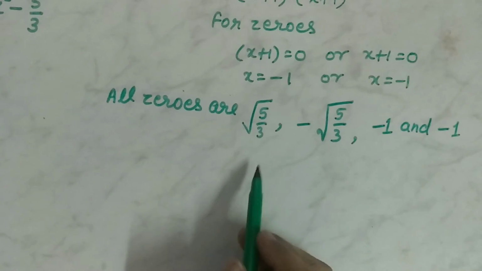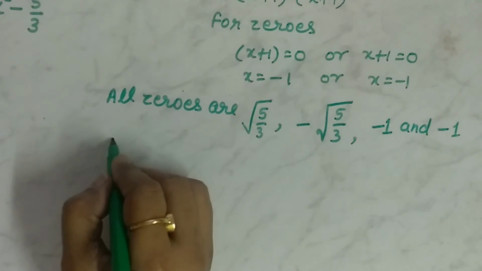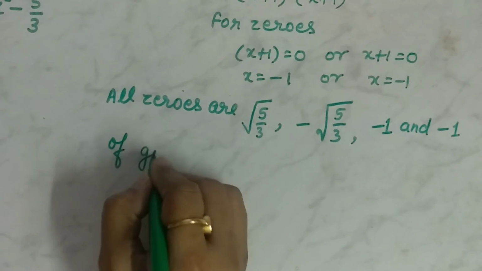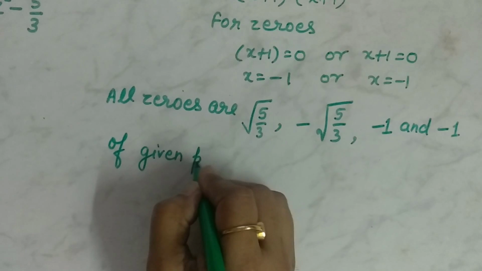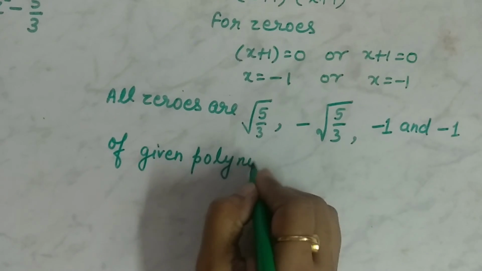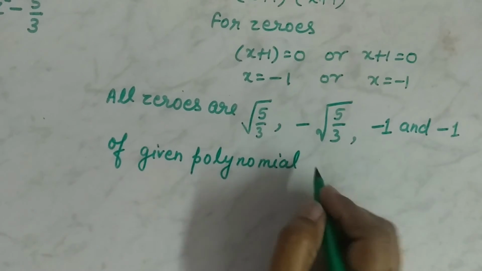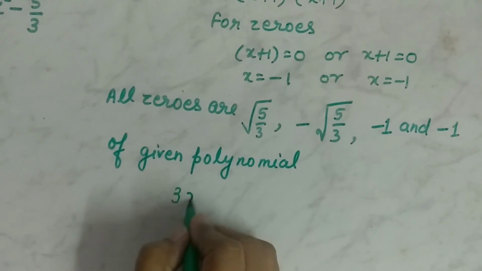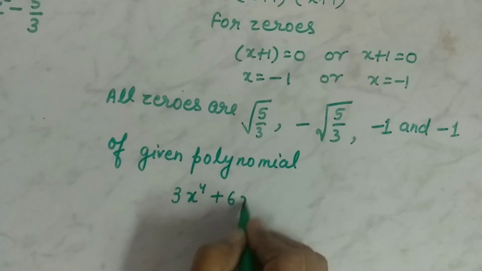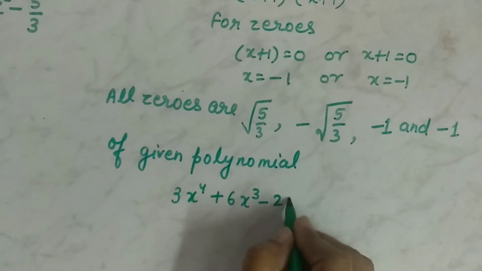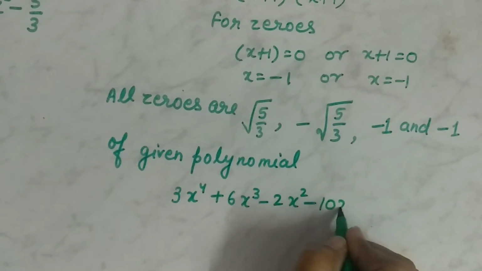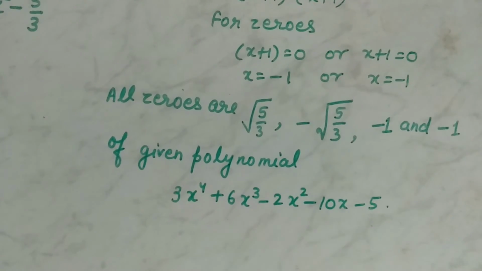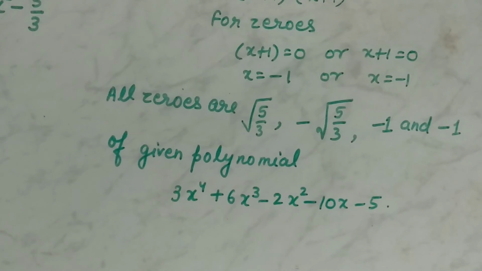These are all four zeros of the given polynomial 3x to the power 4 plus 6x cube minus 2x square minus 10x minus 5. I hope that the question would be clear to you.